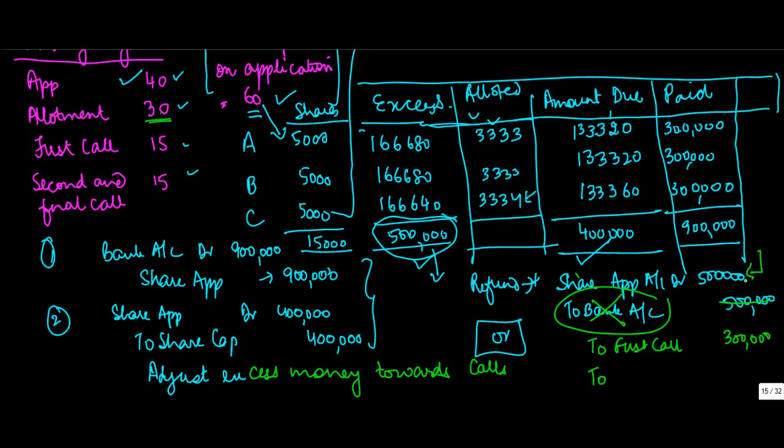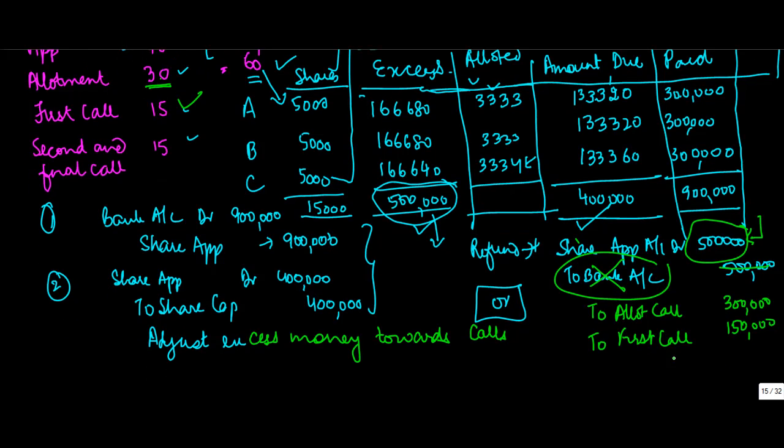Again, you have an option to refund this. Or you can take it towards first call, 1,50,000. But even then you are left with 50,000. So you can either refund it or adjust it towards the second and final call, 50,000.